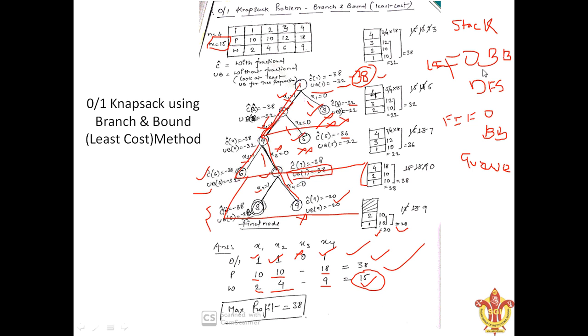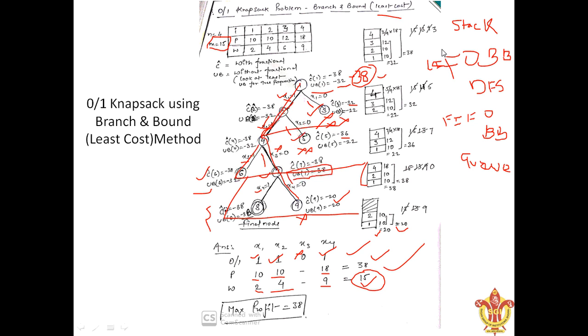So we have LIFO branch and bound, FIFO branch and bound, and least cost branch and bound. All of these have the purpose of selecting which node will have to be expanded, and each has its bounding condition. So here we are using least cost.